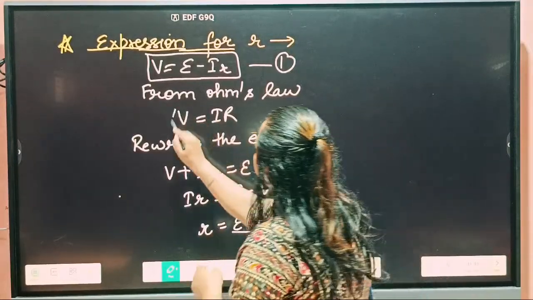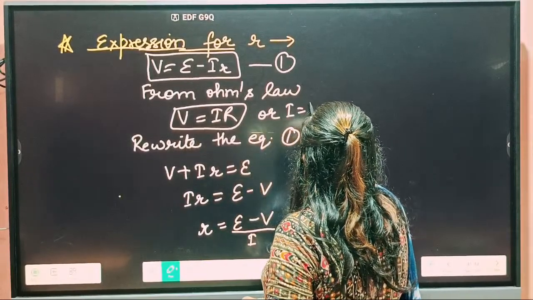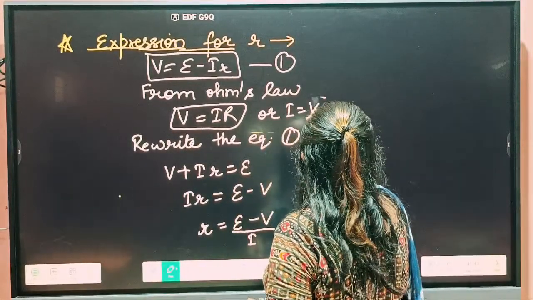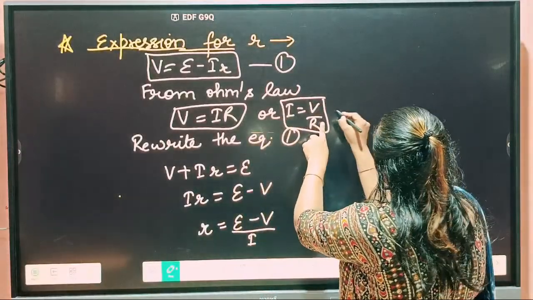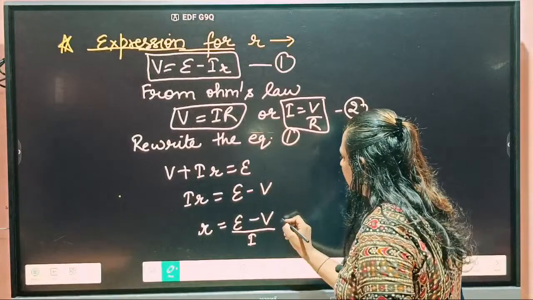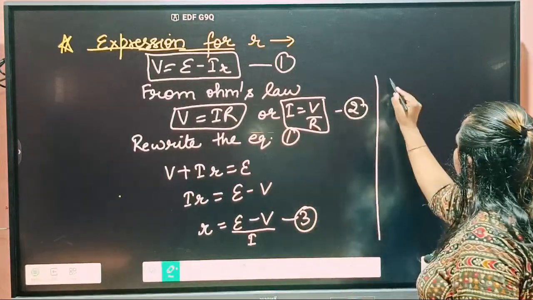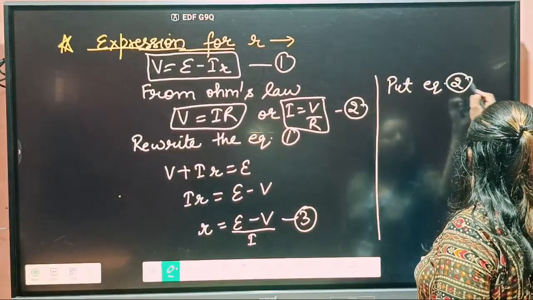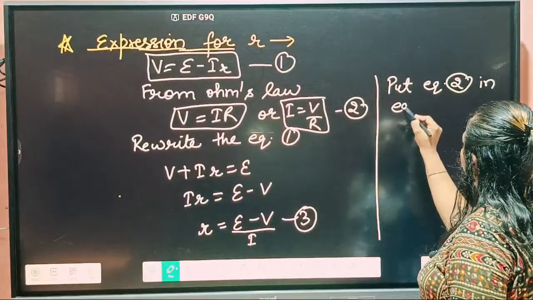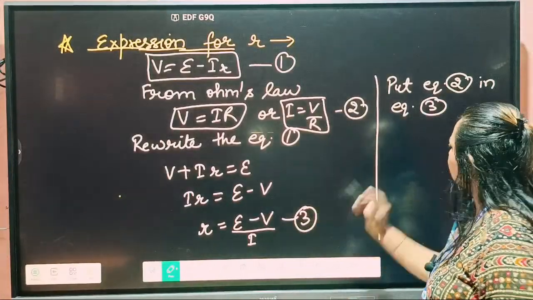And from Ohm's law, what is the value of I? I is equal to V upon R. So put the value of I from the second equation into the third equation.